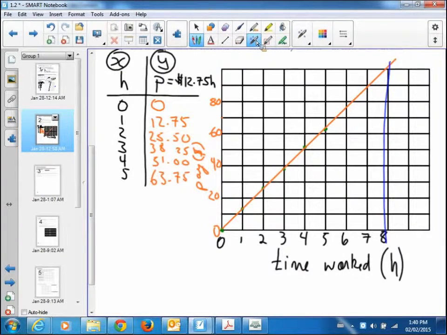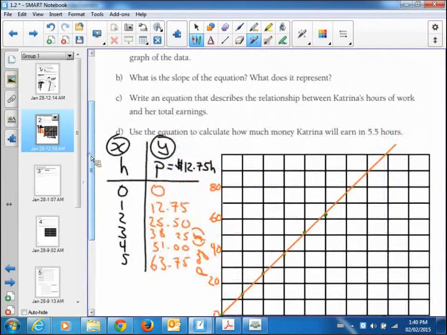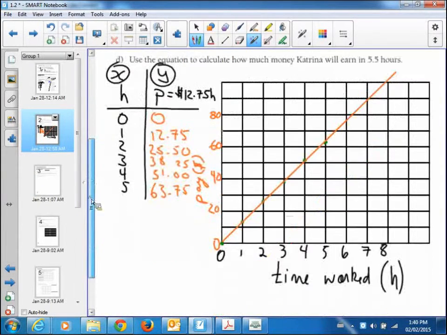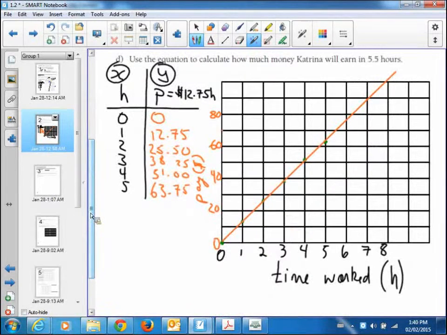But the next question that we were supposed to look at is, write an equation that describes the relationship between her hours of work and her total earnings. Now, from the last lesson, I'm not going to ask you to write slope if we think back. What is the slope, though? You should be able to tell me what the slope is just by knowing what you multiplied.